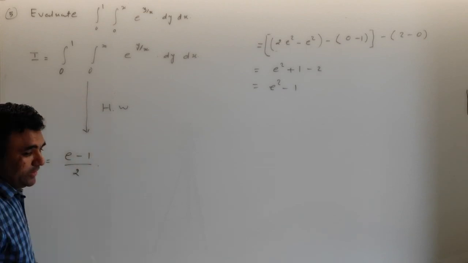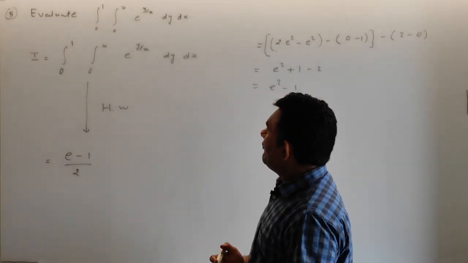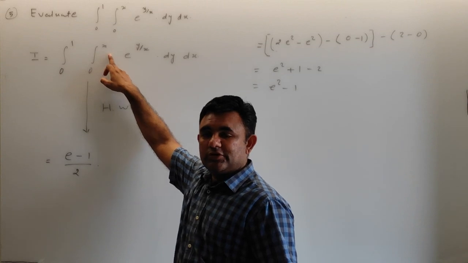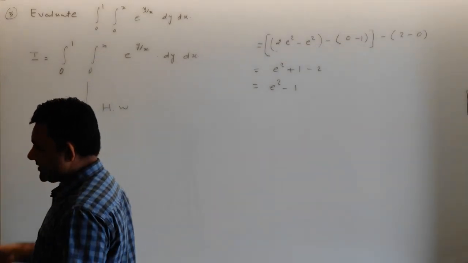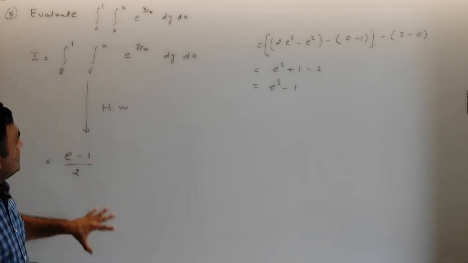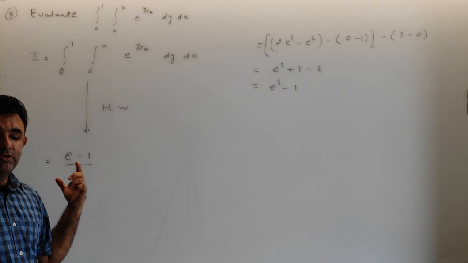So you just verify. Again, the limit of y will be 0 to x, it is variable. So first you integrate with respect to y, treating x as constant, and then you integrate with respect to x, and on simplification you will get answer is e minus 1 by 2.